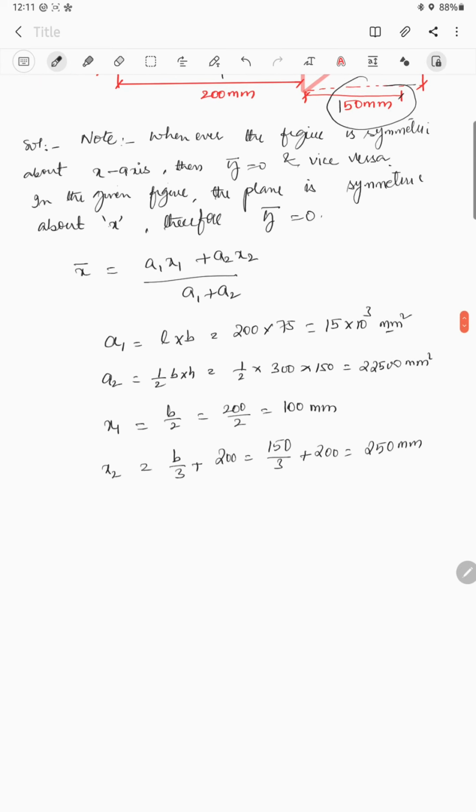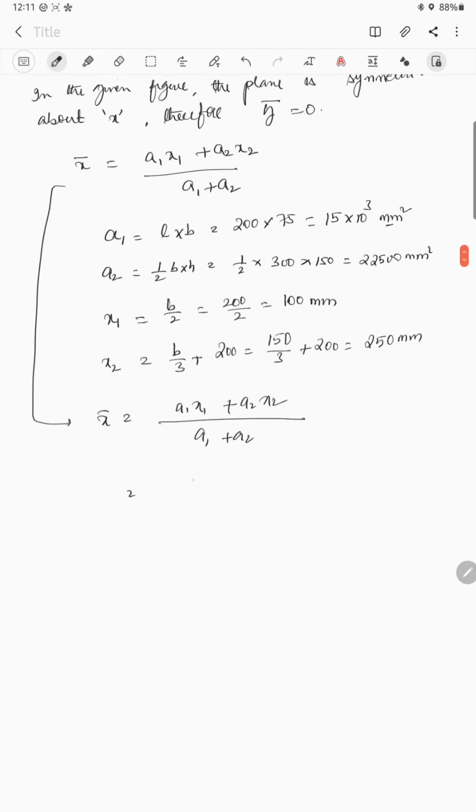Now x bar. The value of x bar is given by the formula. What is the formula we have? A1 x1 plus A2 x2 divided by A1 plus A2. So what is A1 we have? 15 into 10 power 3. This is A1. What is x1? X1 is 100, plus A2.